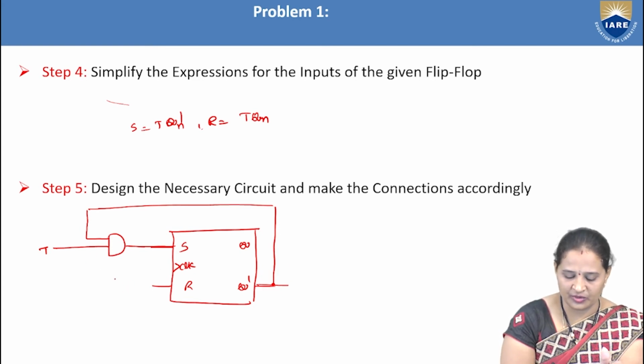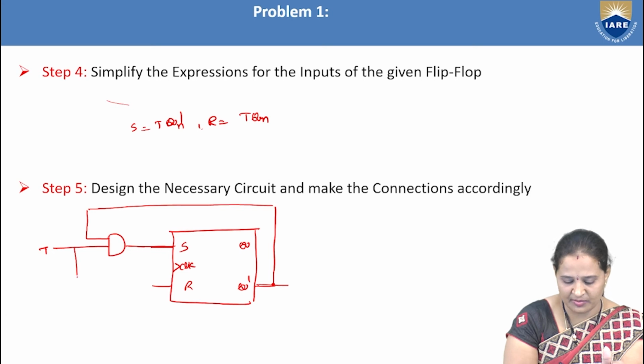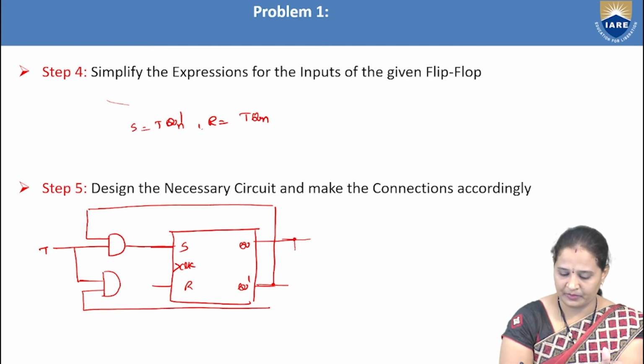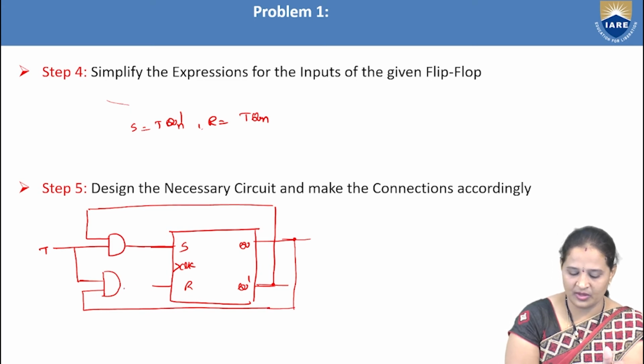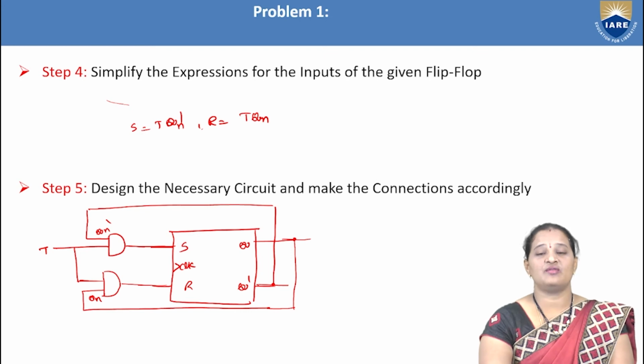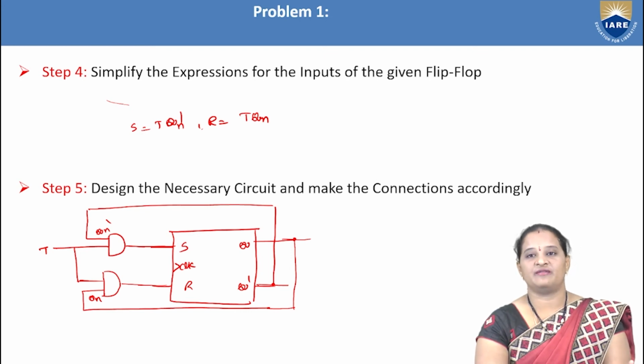T into Qn. I'm taking the same input and giving it to the AND gate, whereas the other input is taken as Q. This is Qn and this is Qn complement. So this is the conversion of SR flip-flop into T flip-flop.